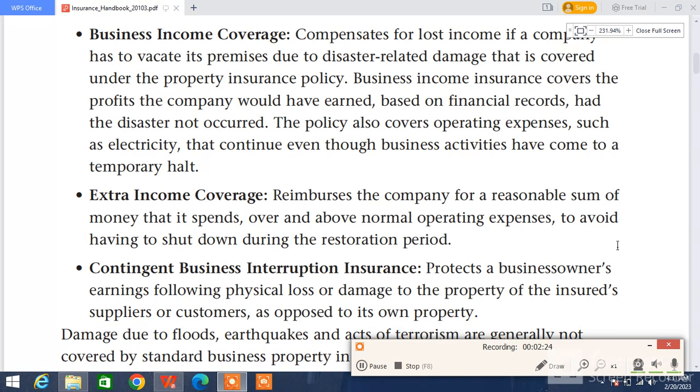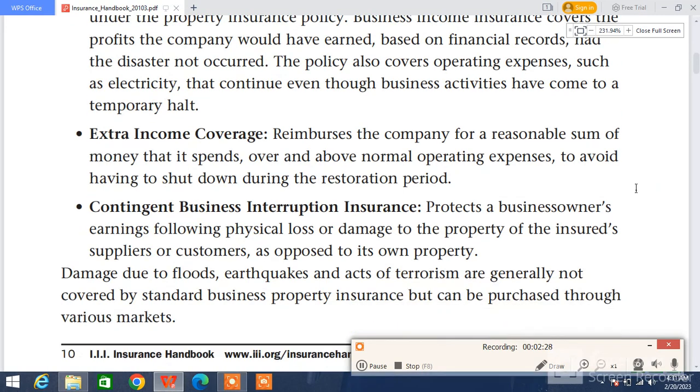Damage due to flood, earthquake, or acts of terrorism is generally not covered by standard business property insurance, but it can be purchased through various markets. So these are some of the major ideas.